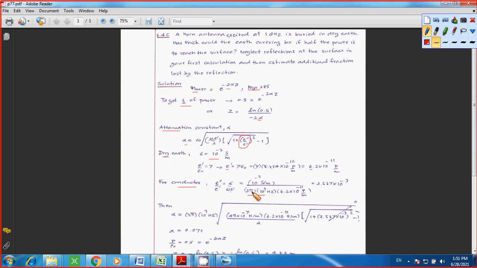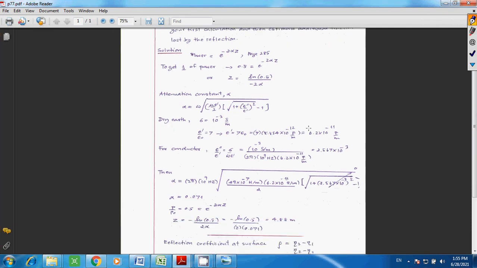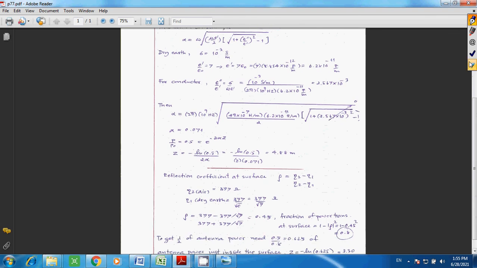And your epsilon prime is 6.2 times 10 to the negative 11 farad per meter. Just plug in the numbers, you end up with your alpha, or attenuation constant, equal to 0.07. That's per meter, right?